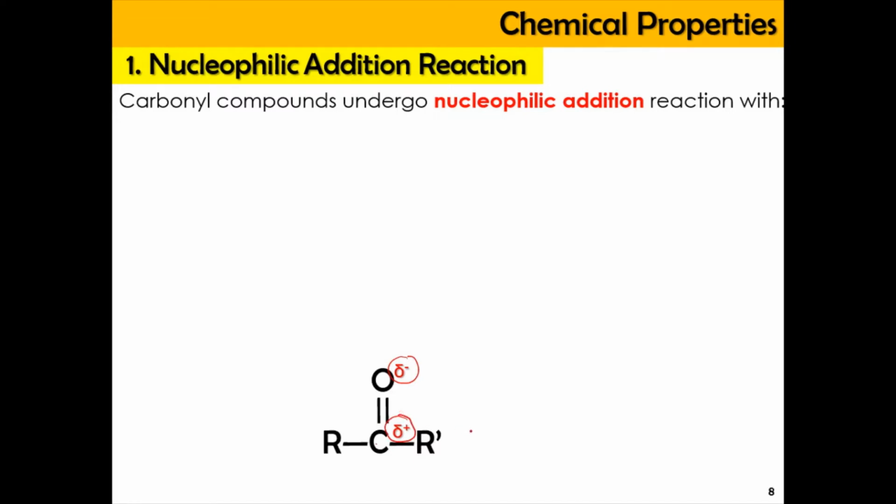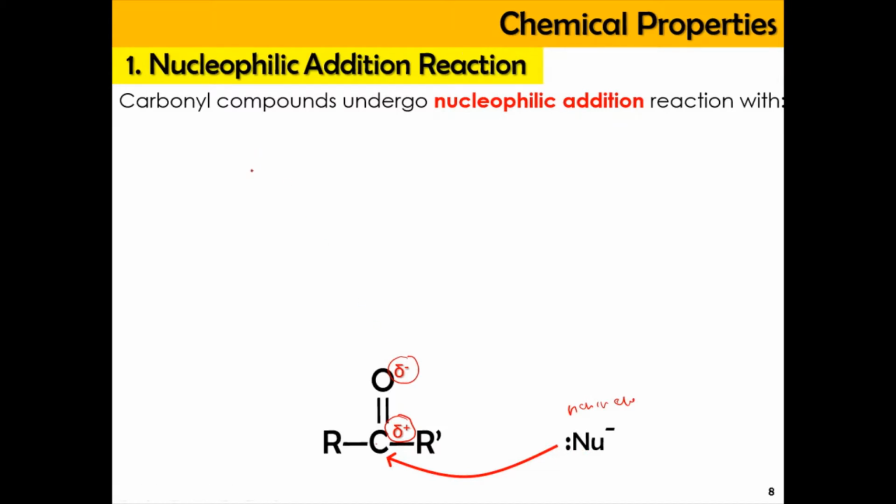Okay, and this causes the nucleophile, which is rich in electrons and has a negative charge or lone pair, to attack the partially positive region here. And this is why the carbonyl will undergo the nucleophilic addition reaction.